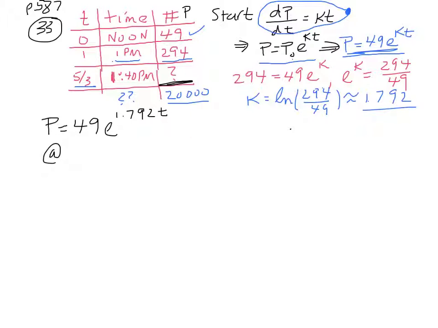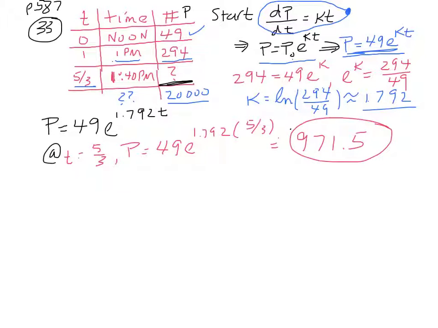So at t equal to 5/3, we get that P would be equal to 49 times e to the 1.792 times 5/3. And when we tap that out on our calculator, we get something like 971.5. So that's what goes in that slot there.